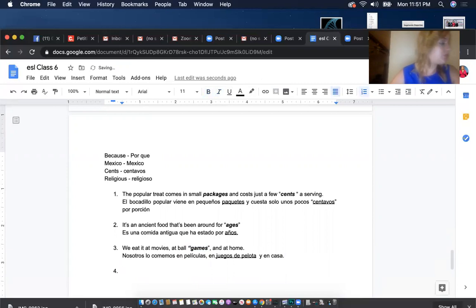Number 4. Tenemos, we start the sentence with a word that we have to figure out. And it says, it's high in food value. It's also, then we have another word we have to figure out, for you.